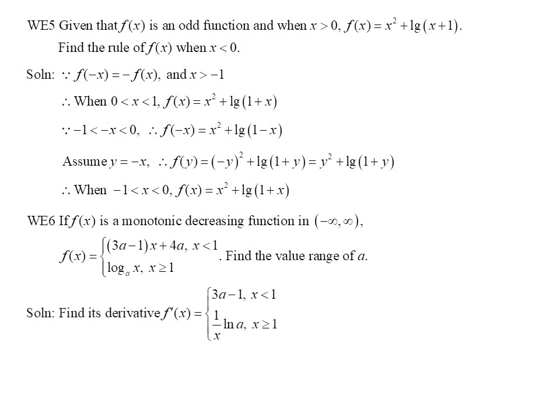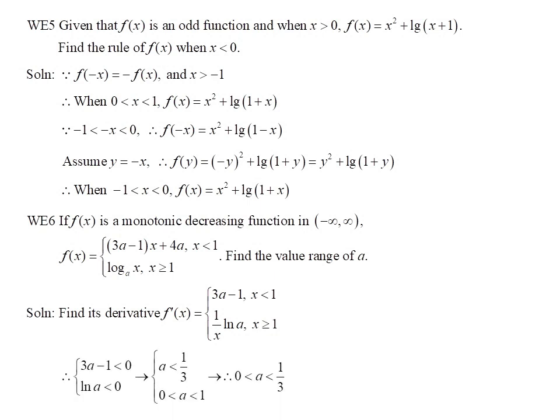Since f(x) is a monotonic decreasing function, its derivative must be less than 0. Hence, we find the derivative function of f(x). When x is less than 1, f prime x equals 3a minus 1. When x is greater than or equal to 1, f prime x equals natural logarithm of a over x.